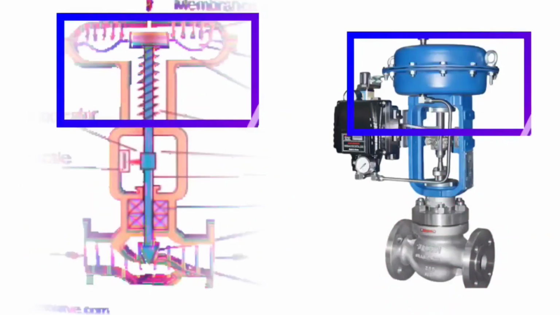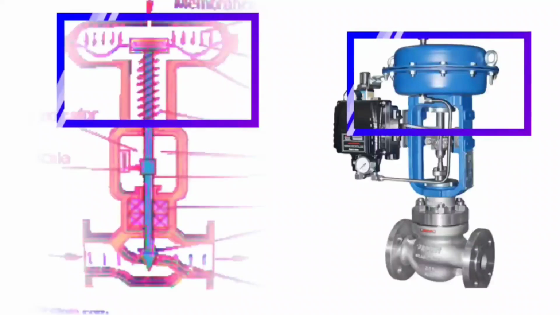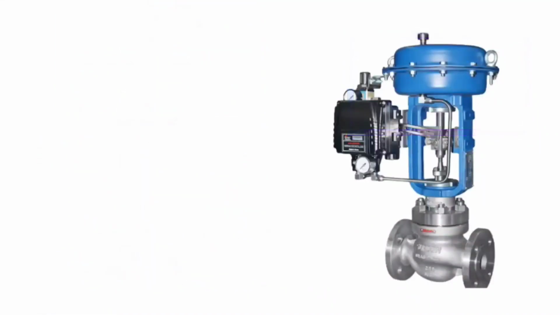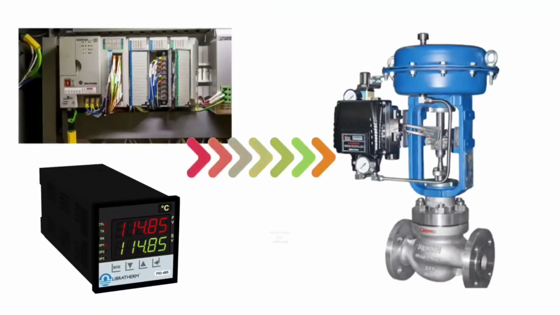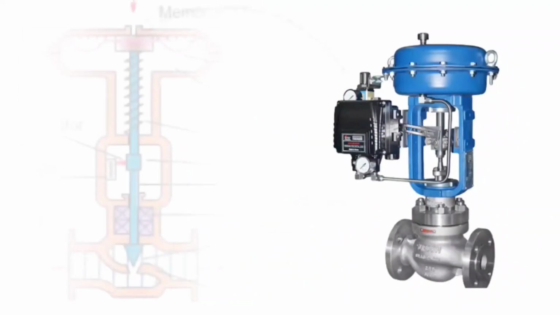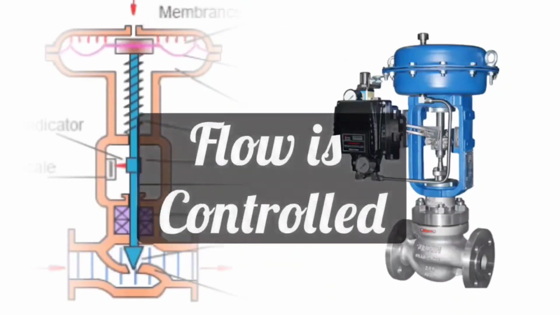The actuator is the mechanism that makes the valve body move and regulates the flow of fluid. The positioner is the device that receives the signal from the control loop and adjusts the position of the actuator, thereby controlling the flow.